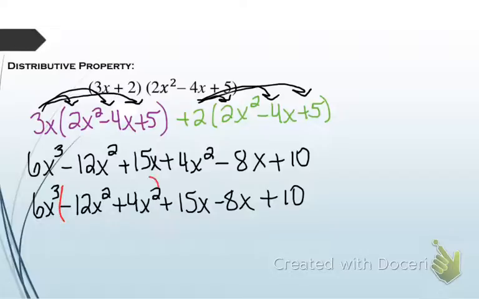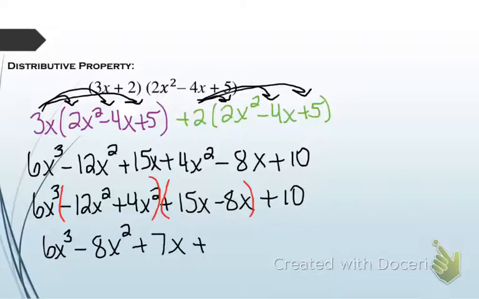These two are like terms. These two are like terms. So I'm going to put them together. This is 6x to the power of 3, negative 12x squared plus 4x squared. That is a negative 8 with the x squared. 15x minus 8x, that is a positive 7x, and bring down the plus 10.